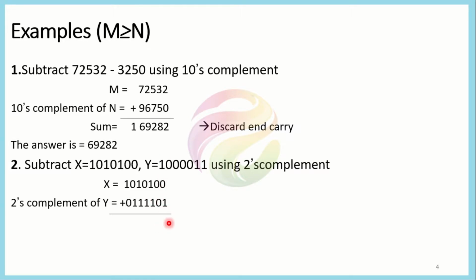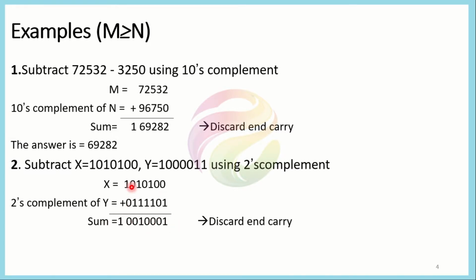0 plus 1 will give us 1, 0 plus 0 will give us 0, and 1 plus 1 will give us 0 with a carry of 1. In a similar way, as we performed the addition in the last lecture, we will add both of these numbers. This will produce this result.